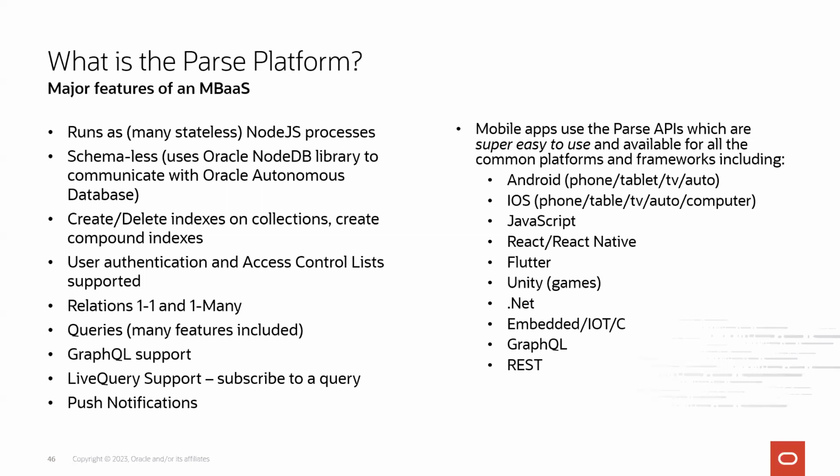So it provides a bunch of features like we talked about earlier: the ability to store data and do queries, get the data back, all kinds of query things like filtering and grouping and limiting and all that kind of stuff. It has a live query option so that you can essentially subscribe to the result of a query, and it will push a message out to the device when a new record or document exists that meets the query criteria.